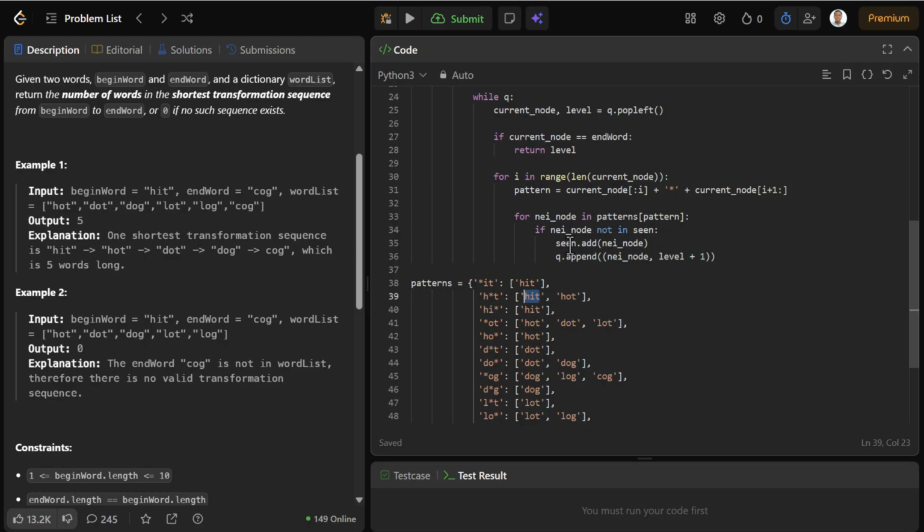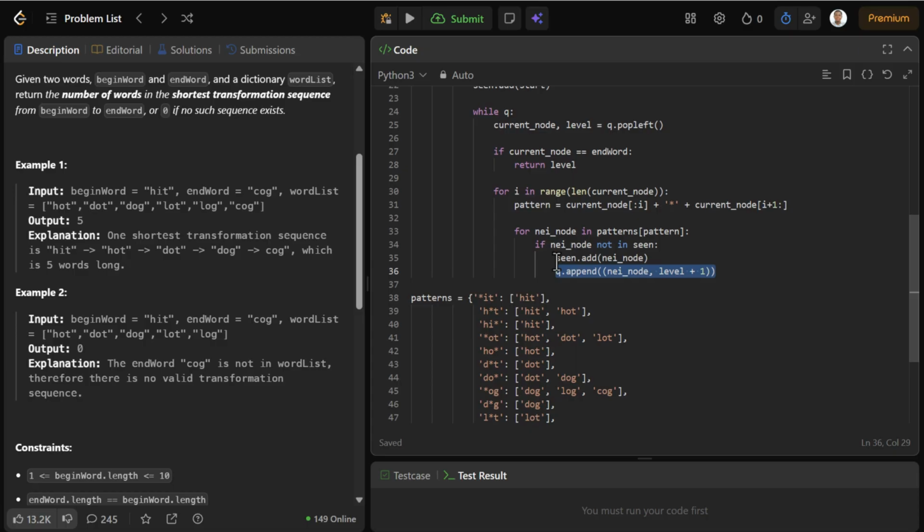Then it moves to the next value, which is HOT. HOT is not in seen, so it adds it to the seen list, and then appends it to the queue. Once that goes there, it goes to the next value. Then the last iteration for this, which is HI star. Again, it goes in.